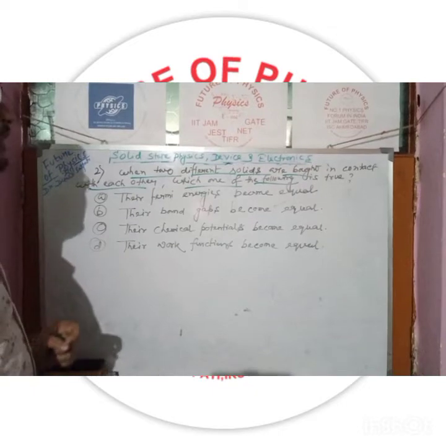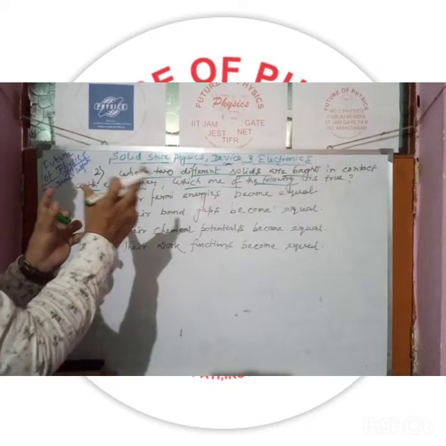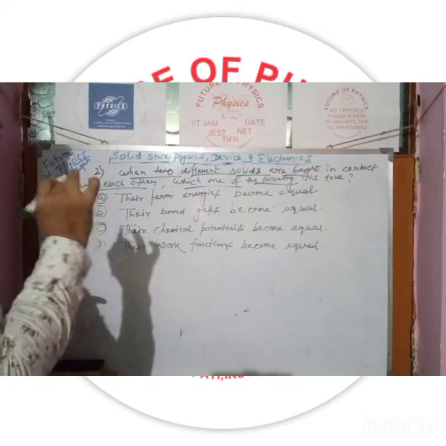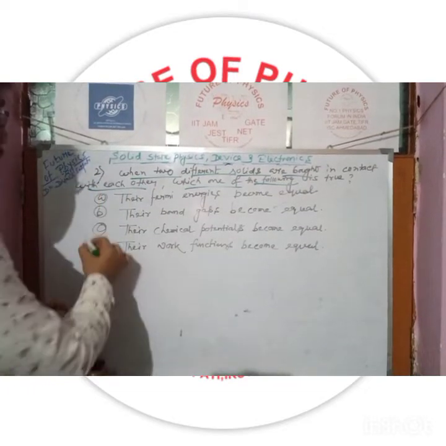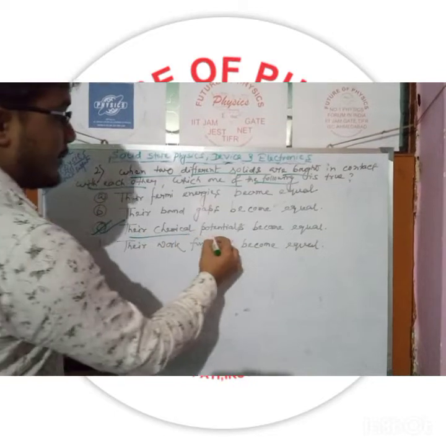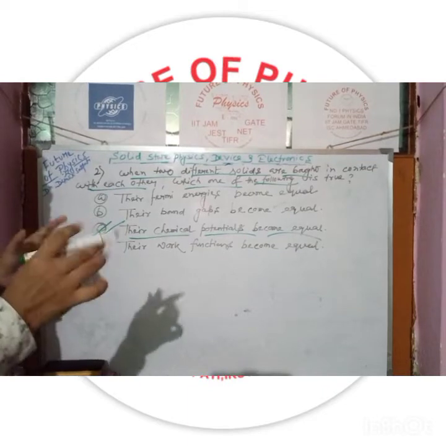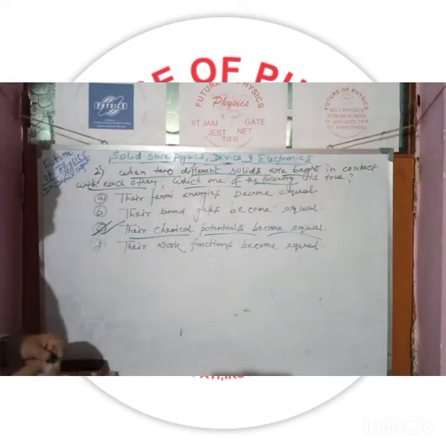Option D, their work functions become equal. When two different solids are brought in contact, option C is correct: their chemical potentials become equal.